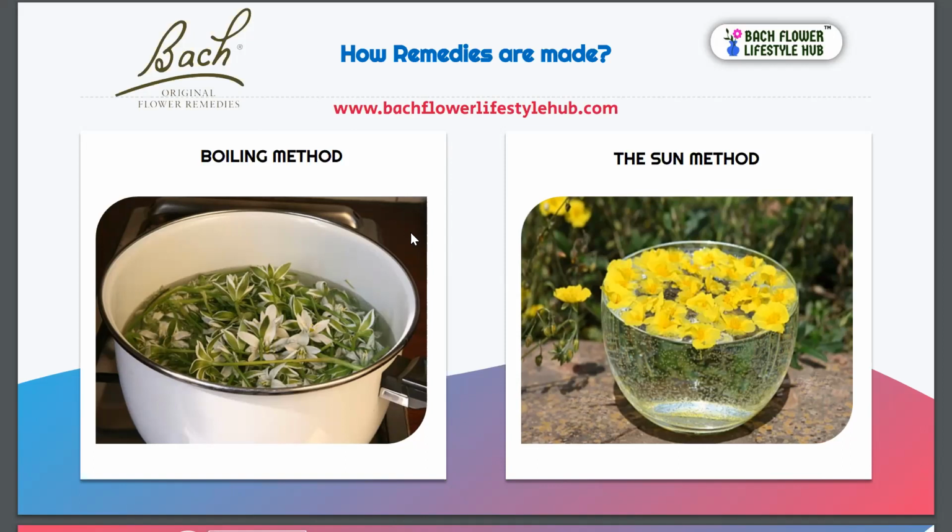Okay. Once the flowers are separated, this water is treated as a stock remedy, or mother tincture, as we say in homeopathy. Once we have this stock remedy, a preservative is added. A very usual way of preserving is adding some amount of alcohol, as is used in homeopathic medicines.